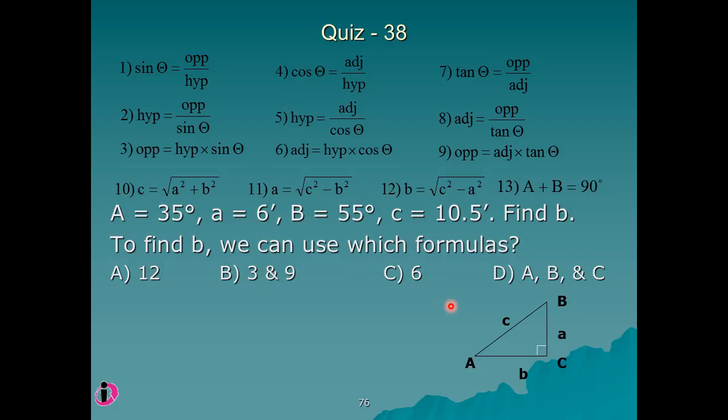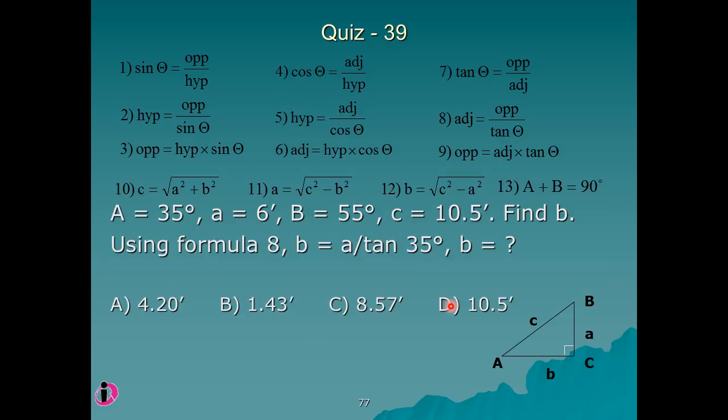Can you use one of these and find the answer for me? Maybe formula number 12. Just use any of these, which one you like. So here we actually selected formula number 8, but that doesn't matter.